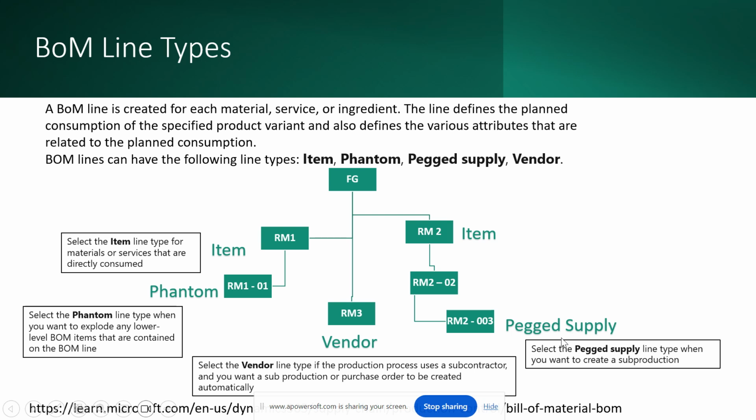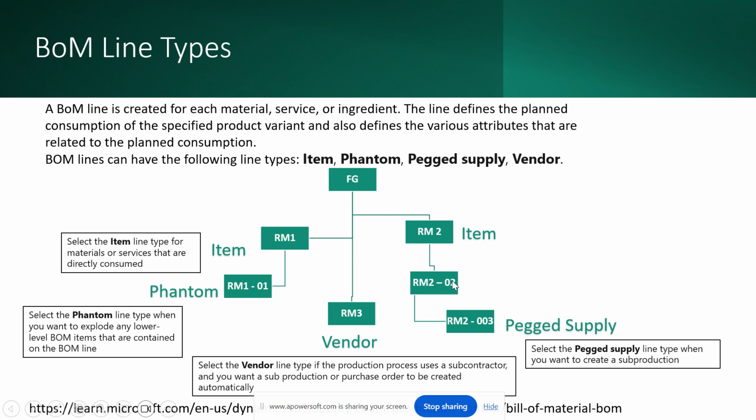And then the last option is the pegged supply. Select the pegged supply line type when you want to create a sub production. For example, in case of pegged supply, let's say RM2 is an item which needs to be produced internally. This is what we were discussing in our previous episode on terminologies. It can be a semi-finished good.